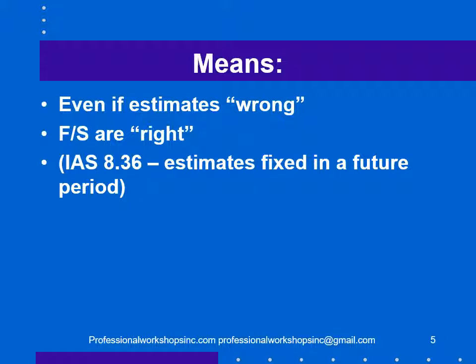Now, what that means is even if the estimates are quote-unquote wrong, the next year they're found to be wrong, the financial statements for last year are right. And that comes from IAS 8, paragraph 36, that says estimates are fixed in a future period. So as long as the estimate was reasonably carefully made, the financial statements are correct, even though the estimate subsequently turns out to be wrong.